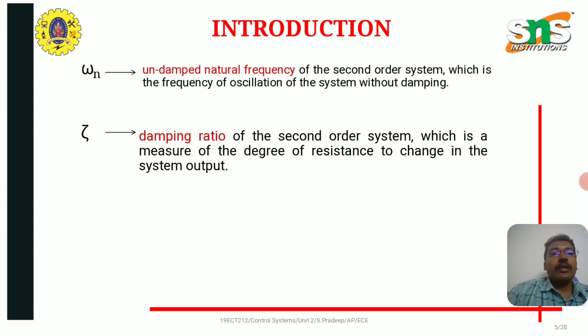Tau is the damping ratio of the second order system, which is a measure of the degree of resistance to change in the system output.